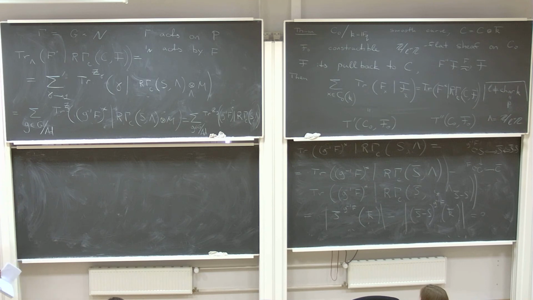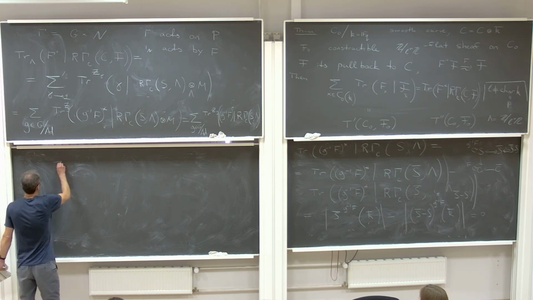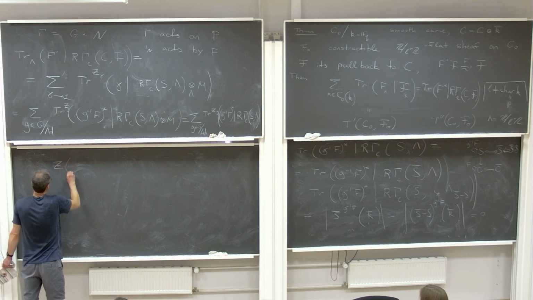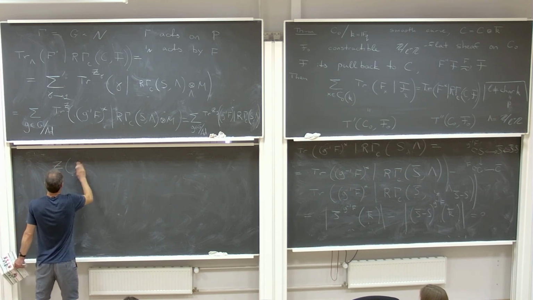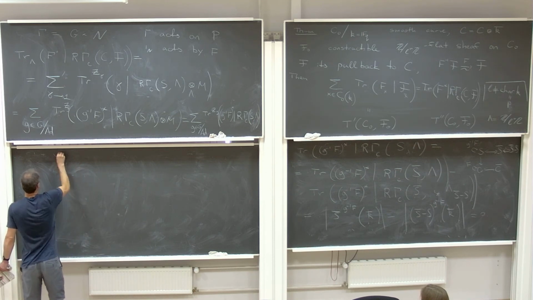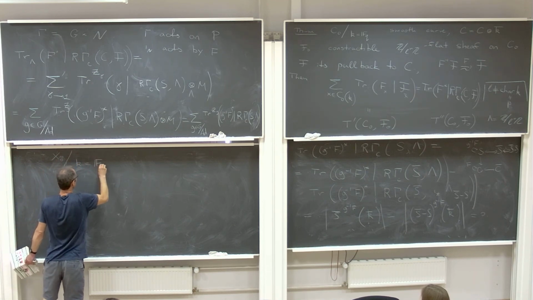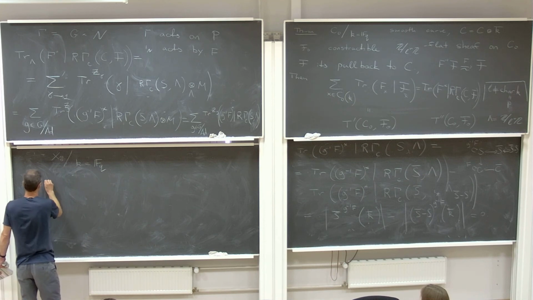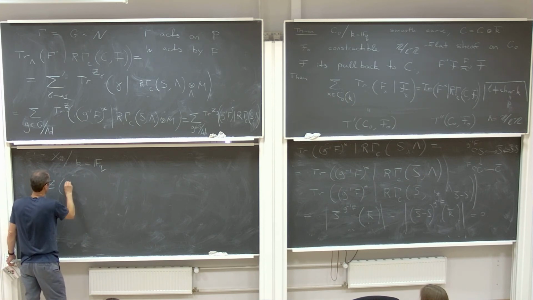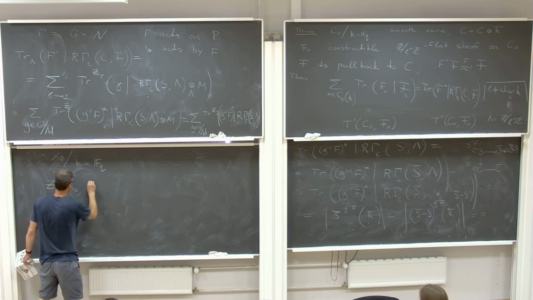And as a corollary, we have a formula for the L function, for the zeta function. Suppose X0 is any scheme of finite type over Fq. So we have the zeta function, just the usual zeta function we started this course with.